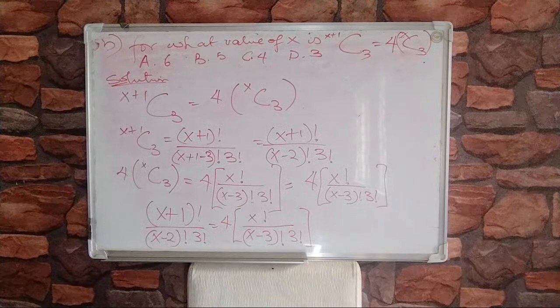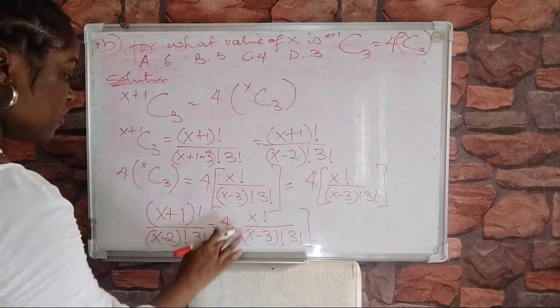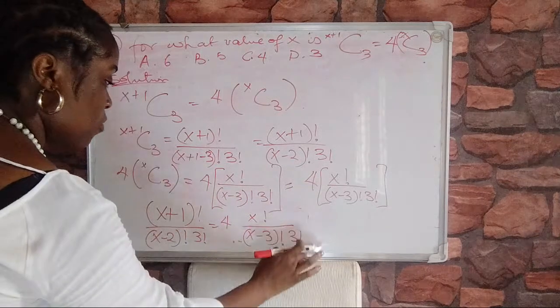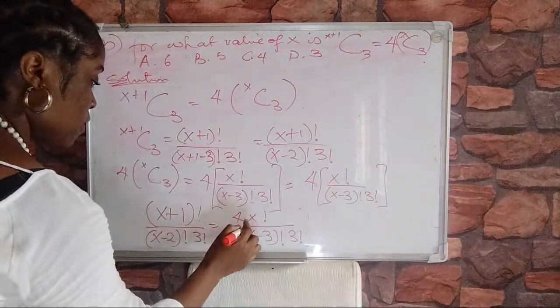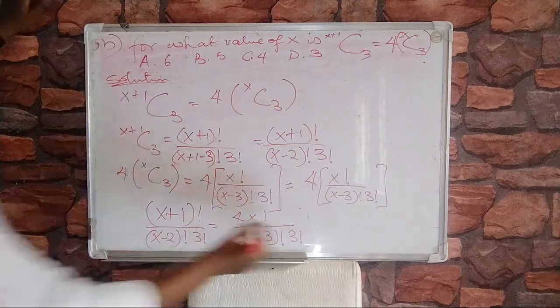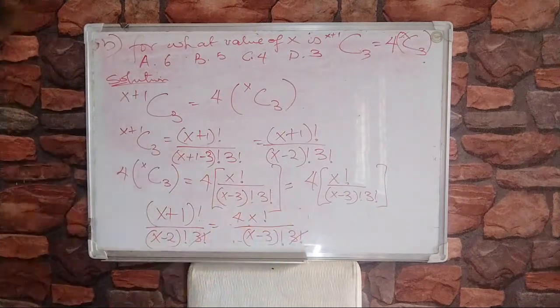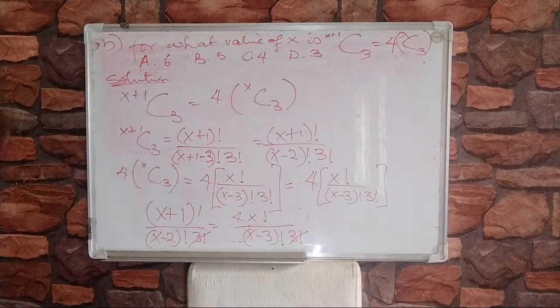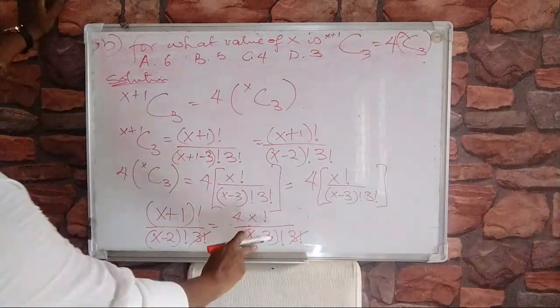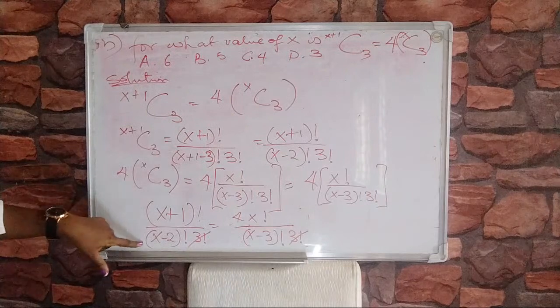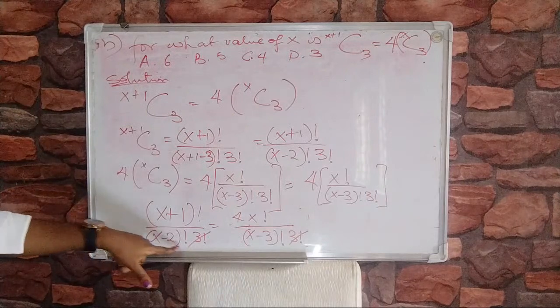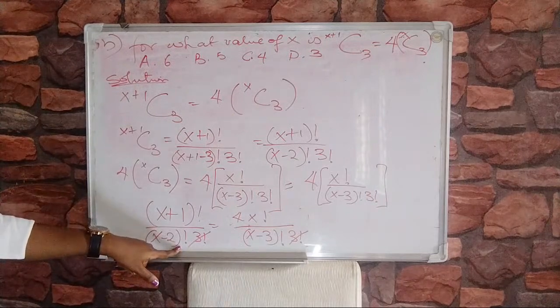Okay, so we can just easily remove these brackets. I will remove this bracket and put the 4 here. Okay, so this will cancel this. This will cancel this. So if we cancel this, it's leaving us with this factorial. X minus 2 factorial, right?